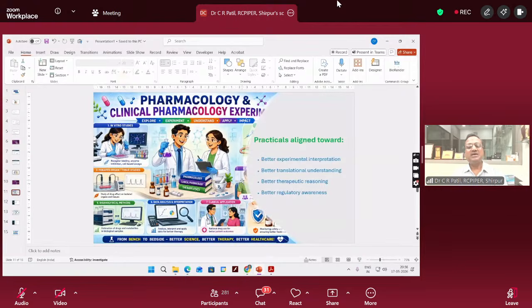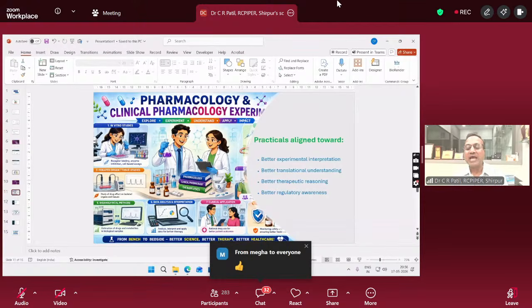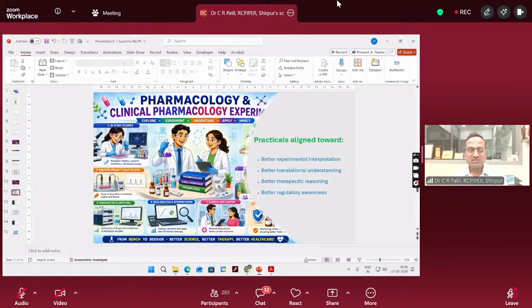Another aspect is regarding practicals. Unfortunately, the subject of pharmacology, or the laboratory of pharmacology, had become a dry lab because of restrictions on animal use. Unfortunately, we had to shift towards software-based practicals, simulation-based practicals. But the current team involved in syllabus drafting has taken care of bringing the pharmacology lab live again.